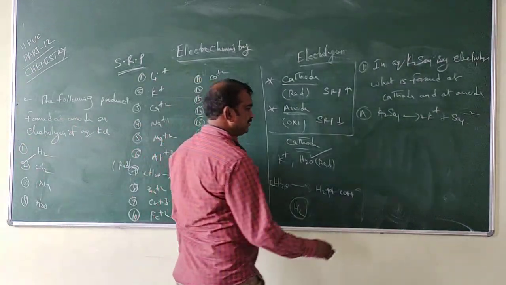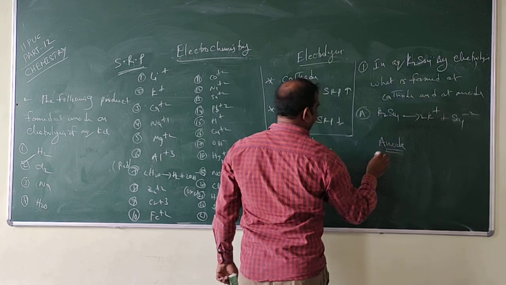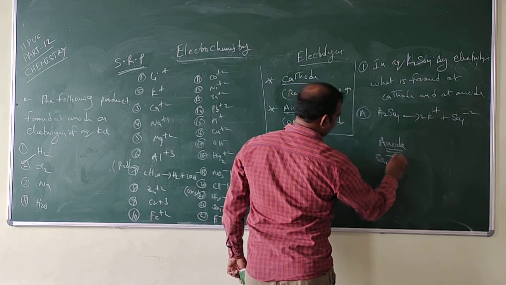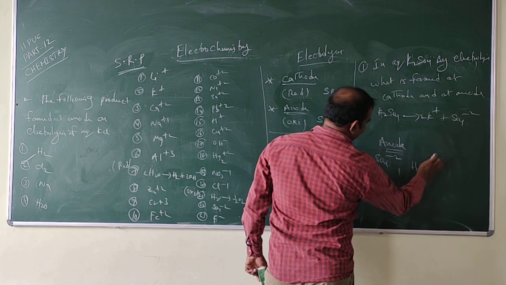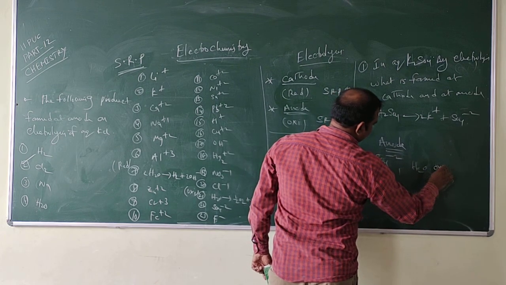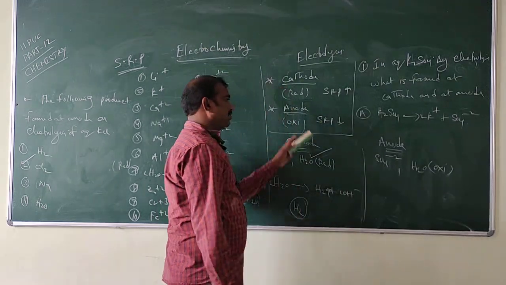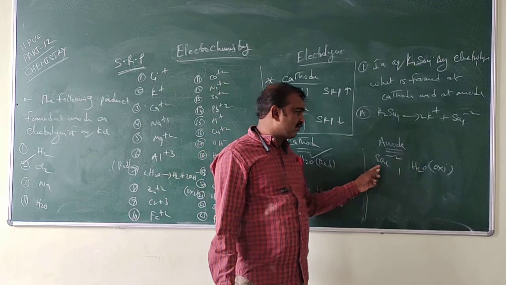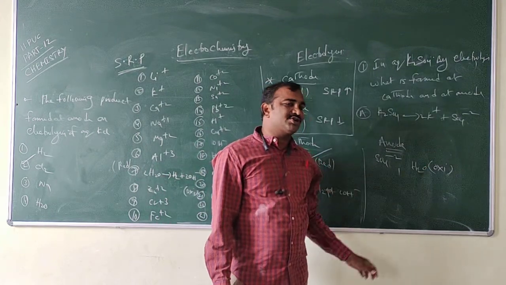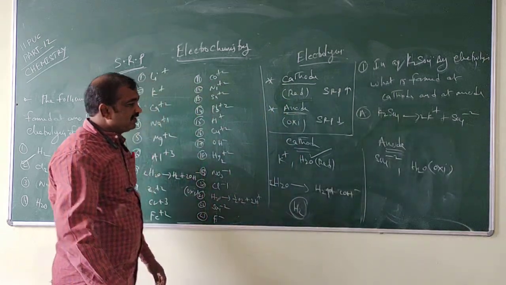Next, when you go to anode, SO4 minus 2 and H2O oxidation. At anode the SRP value is low. So among SO4 minus 2 and H2O oxidation, which is having less SRP value?